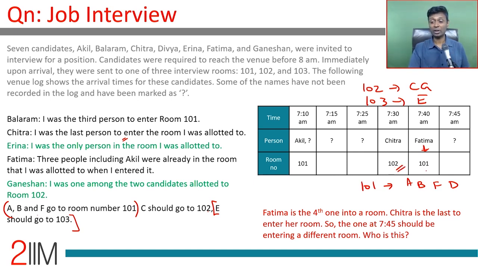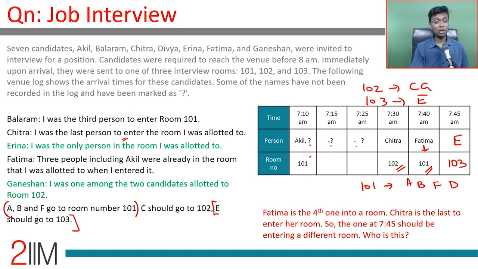Fatima was the last one to enter 101. So this number should be 103 and this being Irina. Fine. So far so good. We've got this completely filled. Now we need to allot B, G, D into these rooms. Is there some other clue that we can use to figure this out?